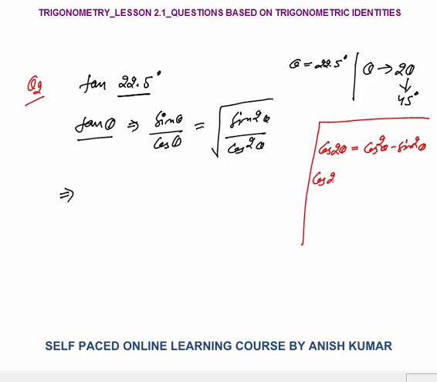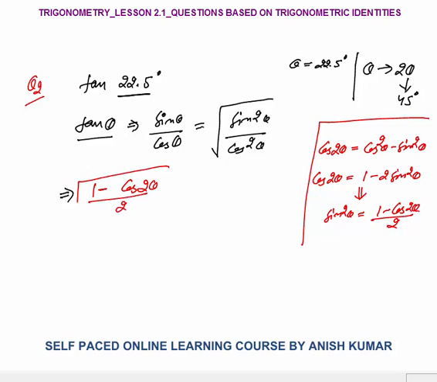If you put cos square theta as 1 minus sin square theta, you will be left with 1 minus 2 sin square theta. From here I will get sin square theta equal to (1 minus cos 2 theta) by 2. If you rearrange this, you will get this. So I am putting sin square theta as (1 minus cos 2 theta) by 2.